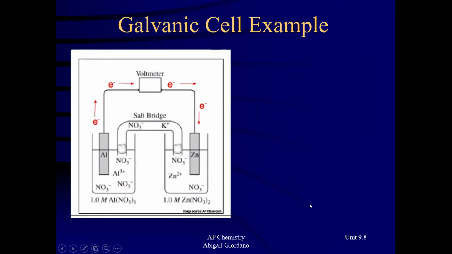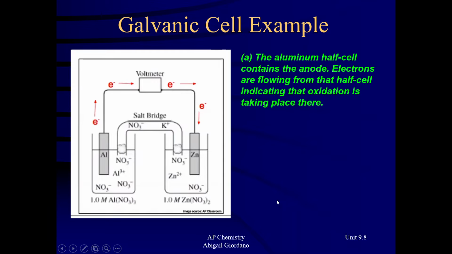All right, so part A said, which half cell is the anode? The one on the right or the one on the left? And guys, remember what I said? I asked you to write it down. Electrons always flow from the anode to the cathode. So we can tell that the aluminum half cell is the location of the anode.